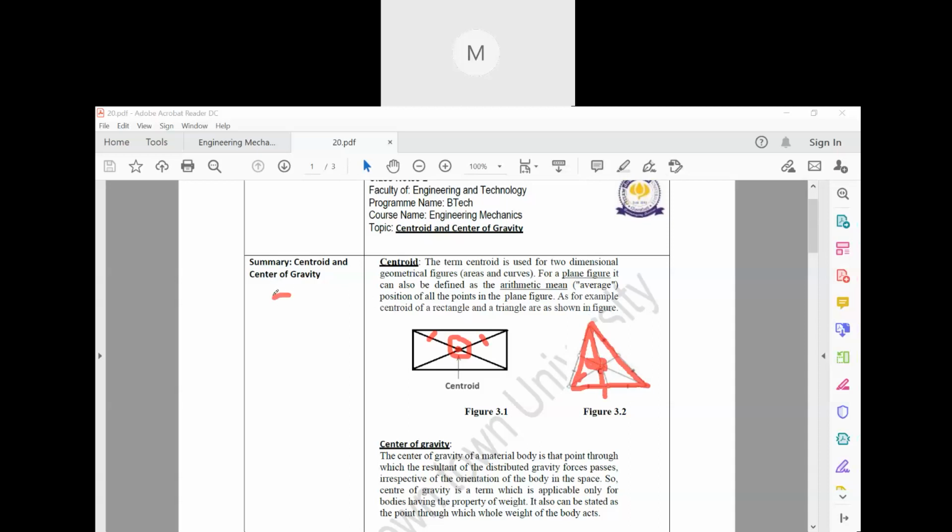Now, can you tell me the centroid of a circle? How will you locate the centroid of a circle? Can anyone say? Just say it in a basic way.